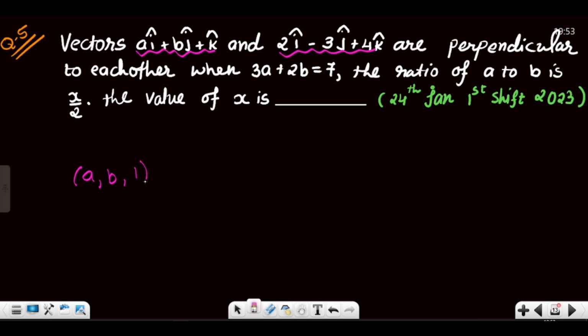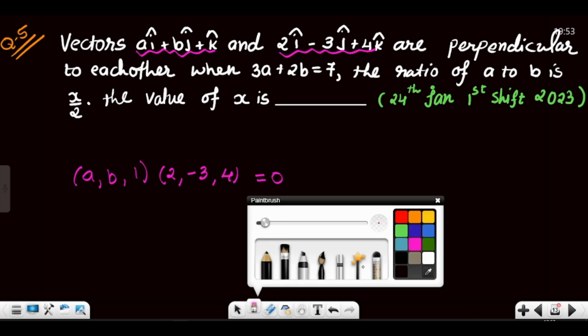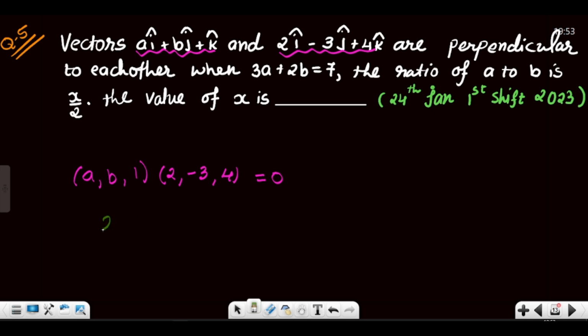These two vectors are perpendicular to each other, which means again we will do the same thing: (a, b, 1) dot (2, minus 3, 4) will come out as 0. So we have 2a minus 3b plus 4 equals 0. Multiplication of x with x, y with y, and z with z.